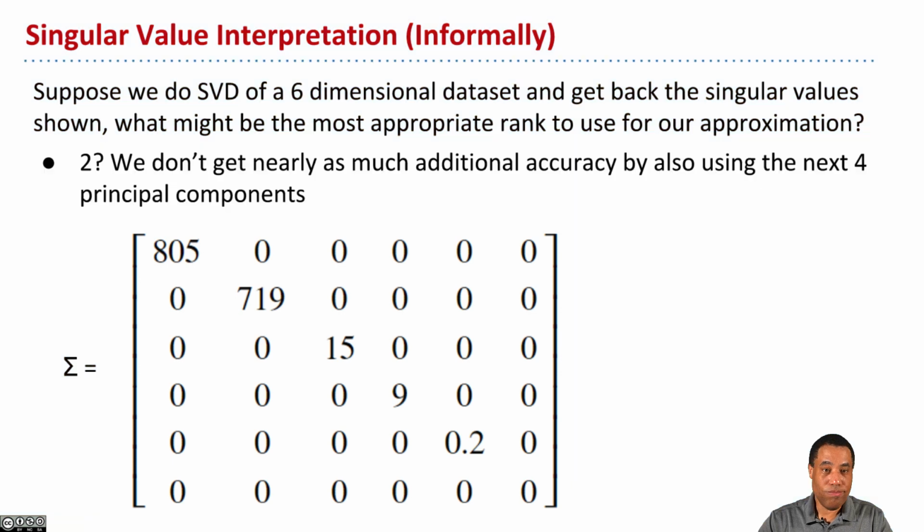And so maybe it would be 2, right? Adding in those 4 additional principal components gives us some additional accuracy. If we add in all 3 that are non-zero, we'll get perfect accuracy, but we don't necessarily need all 3 values. So we could get most of the accuracy from just looking at the first 2 principal components.